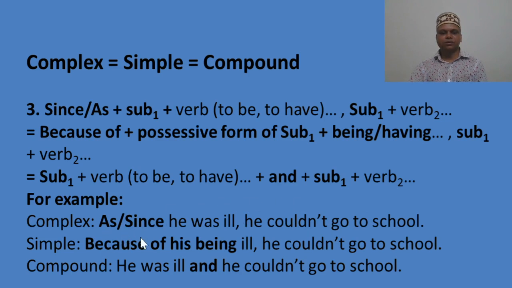If you omit as or since, then these two sentences will be two principal clauses, two independent clauses, and when two independent clauses are joined by "and" or another coordinating conjunction, it will be a compound sentence.